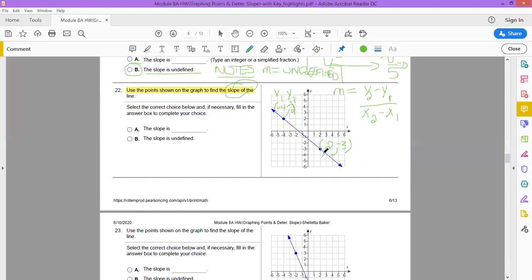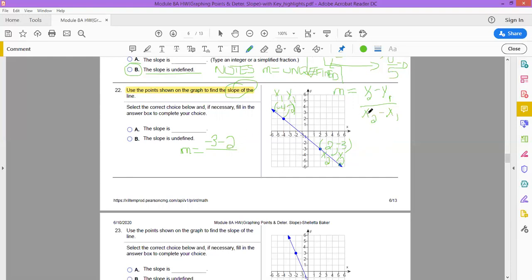So we'll make these points our x sub 2 and y sub 2, and now we'll substitute these values into our slope formula. So looking at our slope formula, we'll have m equals y sub 2 minus y sub 1, or -3 minus 2.